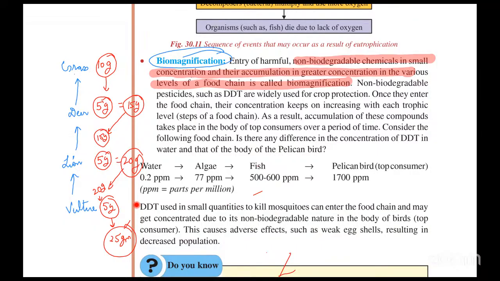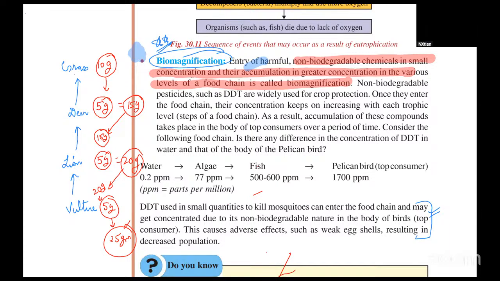Next, water line also. This is now, guys, one of the important topics. Why is it important? Because biomagnification used to be asked as a 2 marks question with an example, and they can ask for this reason also. Biomagnification and eutrophication, they both are important.